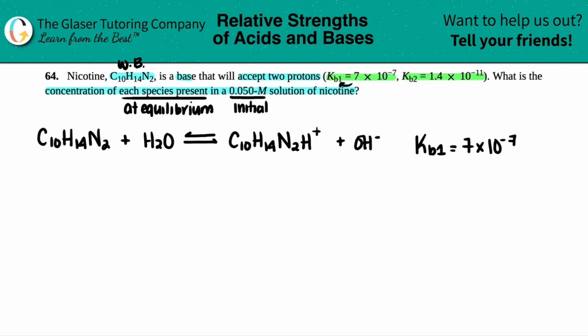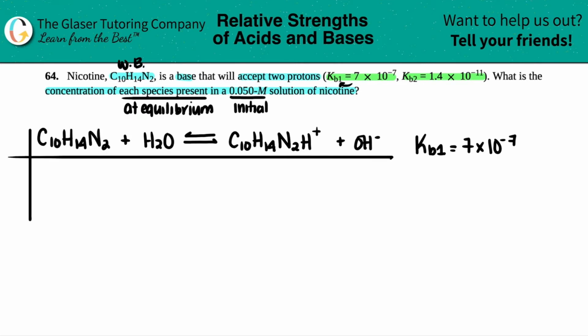Okay. Now, let's do that ice table. So maybe I'm just going to put that down, put this down, right? We're dealing with bases, so I'll do everything in blue, ICE, right? And we just want our states.